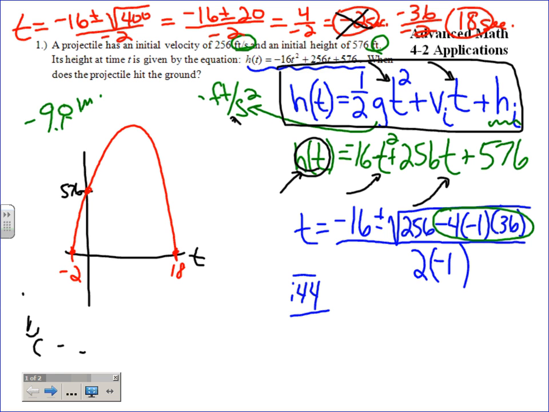And did I initially throw it up according to velocity? So does it make sense that eventually, as time goes on, it will come back down? Because at that point right there, what took over? Gravity. Gravity said, good try, you threw it really hard, but not hard enough. It's coming back down.